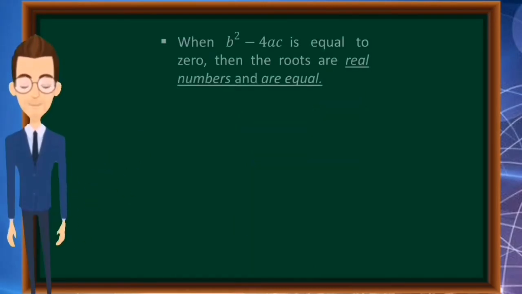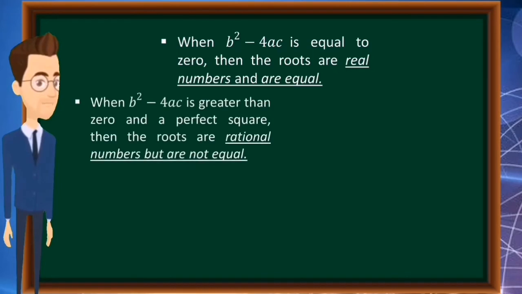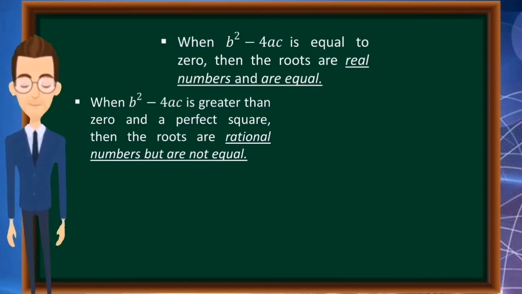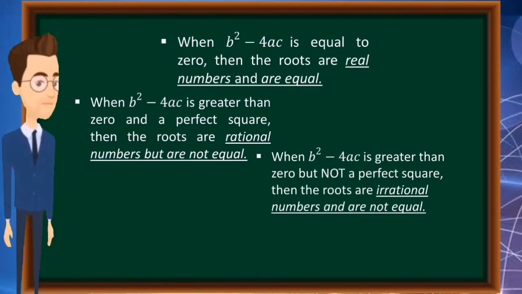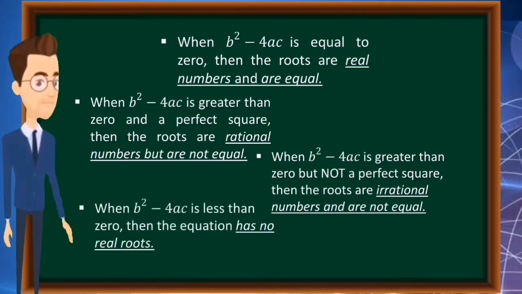When the discriminant is equal to 0, then the roots are real numbers and are equal. When the discriminant is greater than 0 and a perfect square, then the roots are rational numbers but are not equal. When the discriminant is greater than 0 but not a perfect square, then the roots are irrational numbers and are not equal. And when the discriminant is less than 0, then the equation has no real roots.